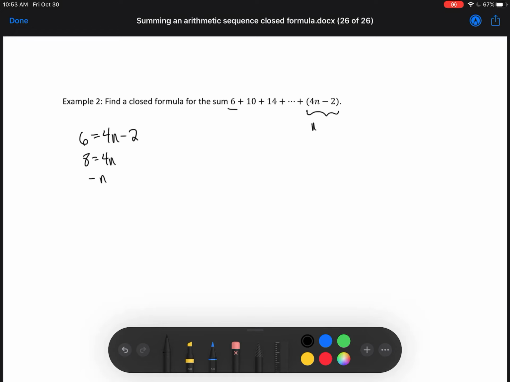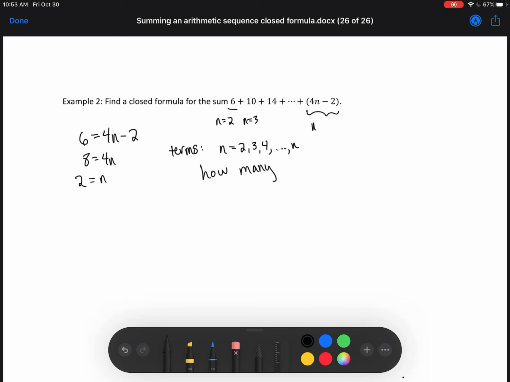So we would solve that for n, so divide by 4, and get n equals 2. So this corresponds to n equals 2. I'll let you check that 10 corresponds to n equals 3, 14 would be n equals 4, etc. So the terms in our sequence go from n equals 2, 3, 4, all the way up to n.